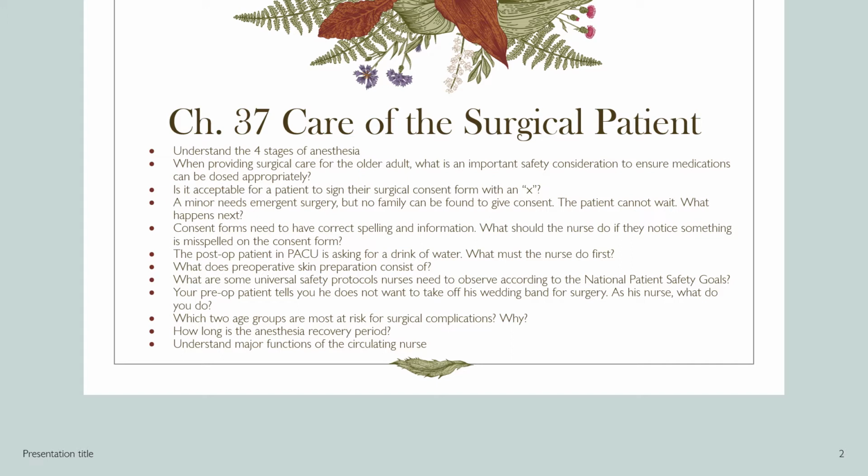What are some universal safety protocols nurses need to observe according to the National Patient Safety Goals? So we can find this information on page 753 in the orange Cultural Considerations box.